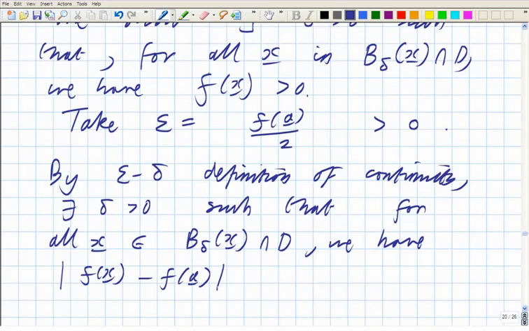Remember, usually we would use norm, but because we're talking about real values, instead of using norm, we use modulus.